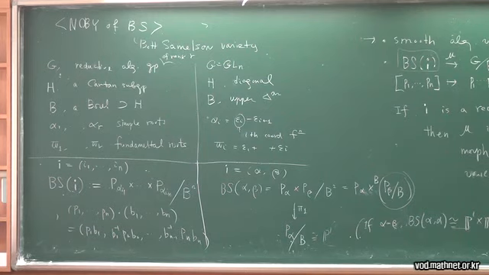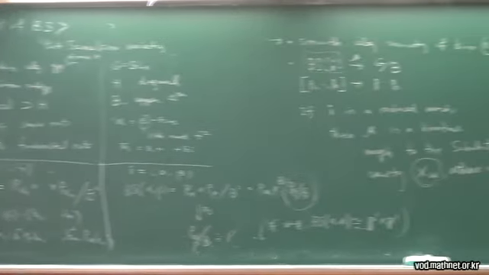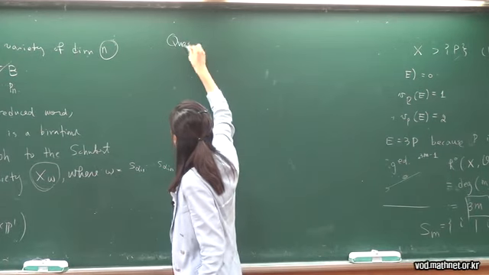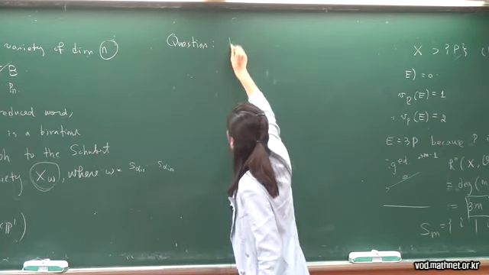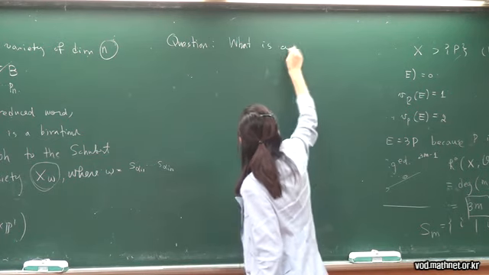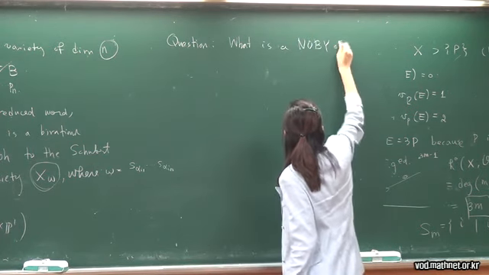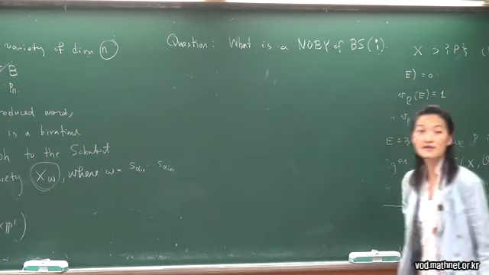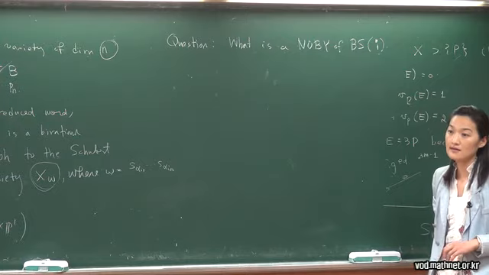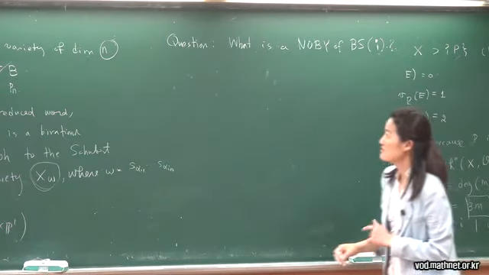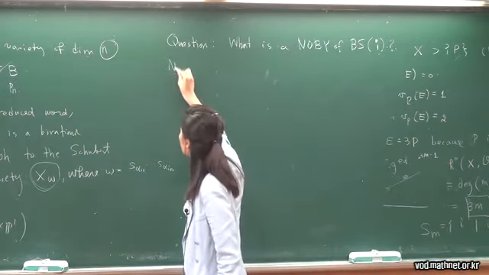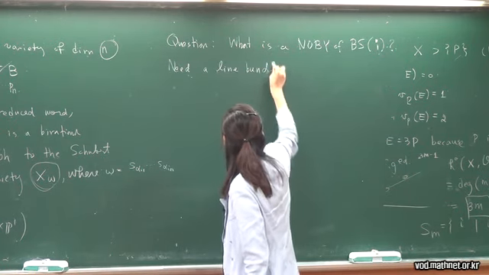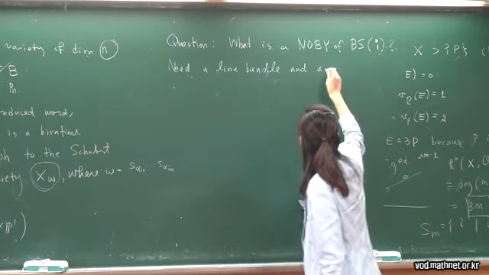So let me just finish by presenting our main question and the idea. So what is a Newton-Okounkov body of BSI? So from now on, whenever I write I, we chose I. Okay. Well, to answer this question, we need a line bundle and an optimizable flag.